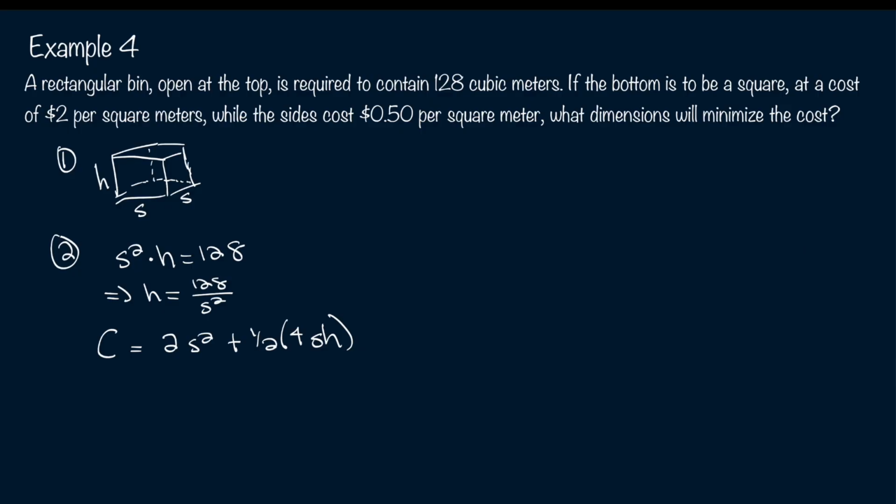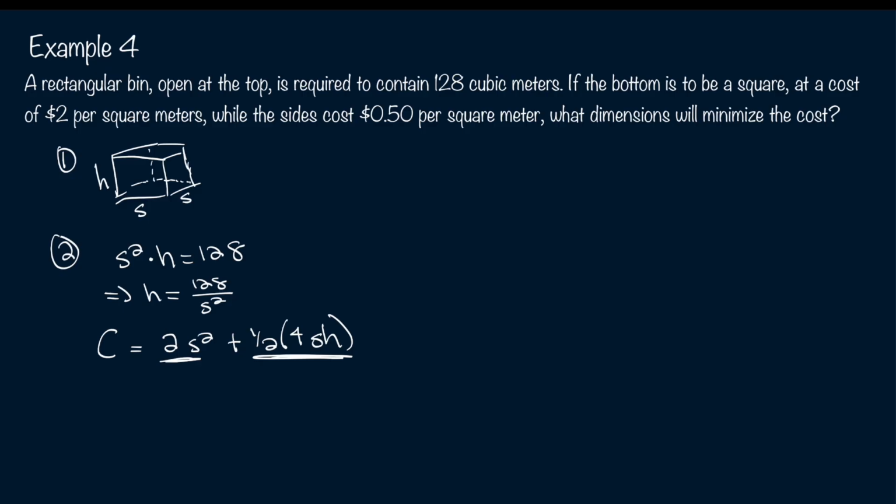And so 4sh is just 4 times the side times the height. So that's going to be our cost equation, because you have to separate the bottom from the sides. So that's where we get those two equations from.